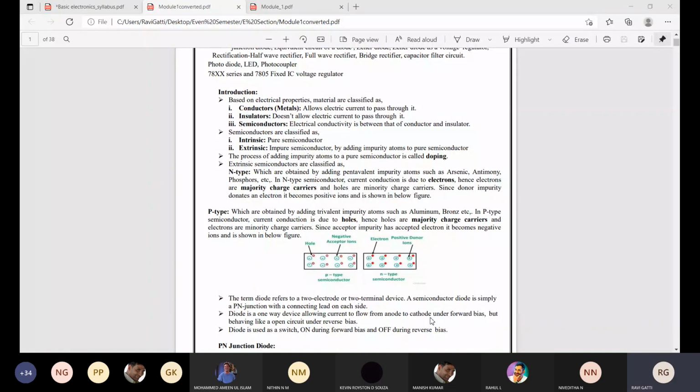Let's say a metal. Why does metal exhibit conductivity? Because of what factor does the metal exhibit conductivity? Sir, due to flow of electrons. Yes, very good. Due to flow of electrons. So due to the flow of free electrons, the conductivity will be exhibited by the metals.